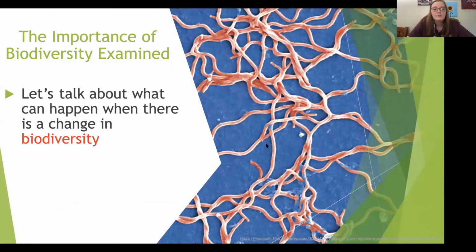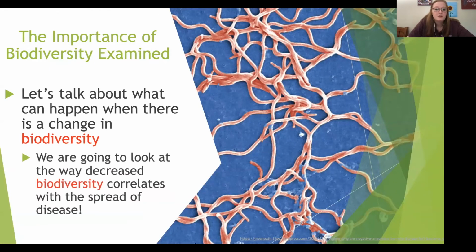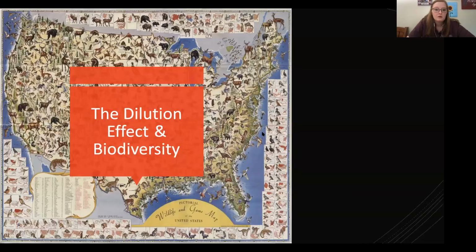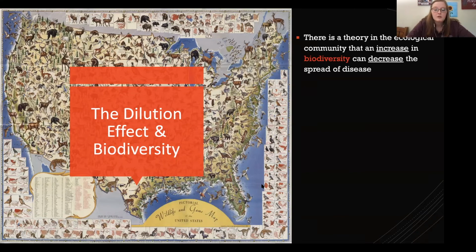So let's talk about what happens when there's a change in biodiversity. And we're going to look at that in terms of a disease called Lyme disease. Lyme disease has been studied mostly along with something called the dilution effect and how it changes biodiversity. So we're going to cover how that all works together. There's a lot of words on this, but we're going to work through it slowly so that everybody feels comfortable with it. So in an ecological community, an increase in the biodiversity of the animal population can decrease the spread of disease.